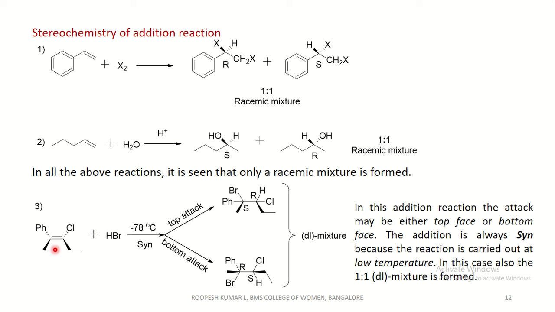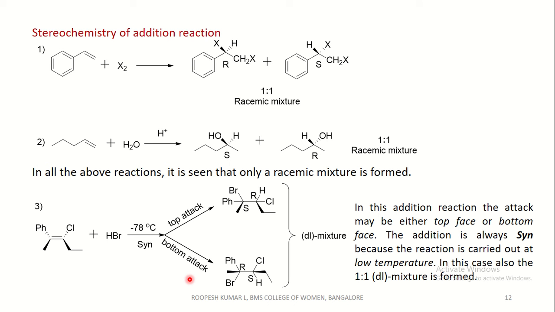If it attacks from the bottom, it is called a bottom attack. In this addition reaction, the attack may be either top face or bottom face. Top face is also called Si face, whereas bottom face is also called Re face. The addition is always syn because the reaction is carried out at low temperature.